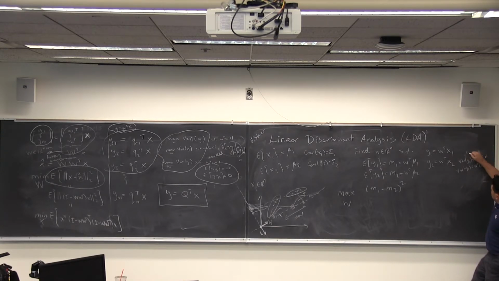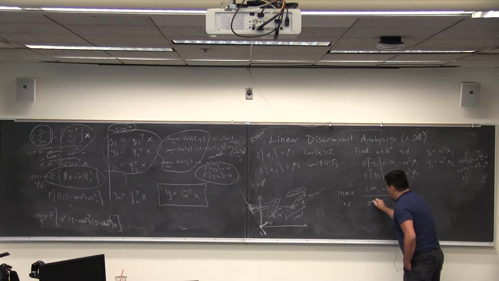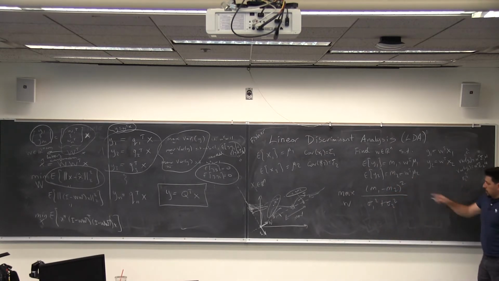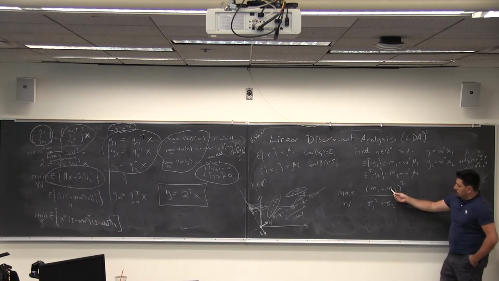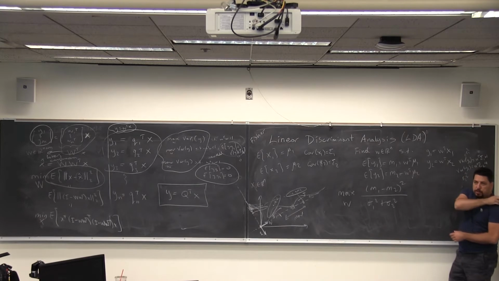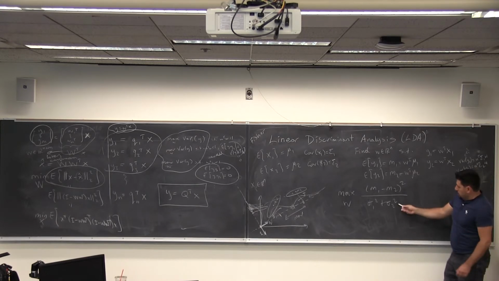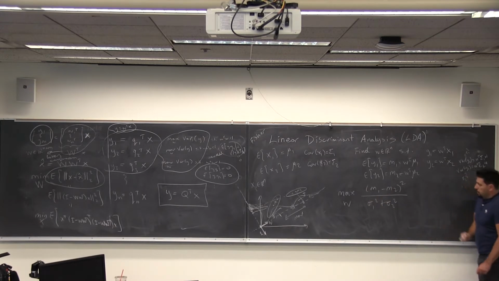So let's call these sigma 1 squared and sigma 2 squared, small sigmas. So Fisher said, why don't I do this? Maximize that ratio. This tries to simultaneously accomplish maximum separation between the means of the projections and keep the variances of the projections small, because smaller sigmas will make this ratio larger.